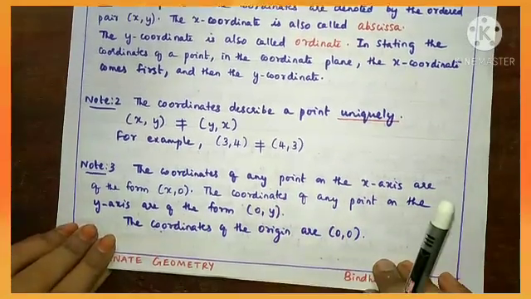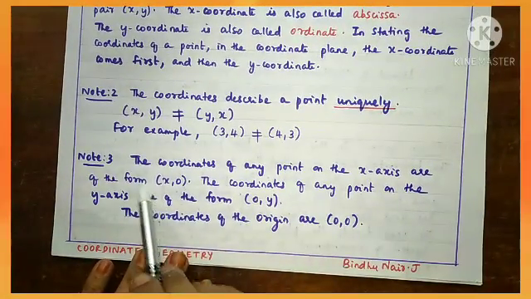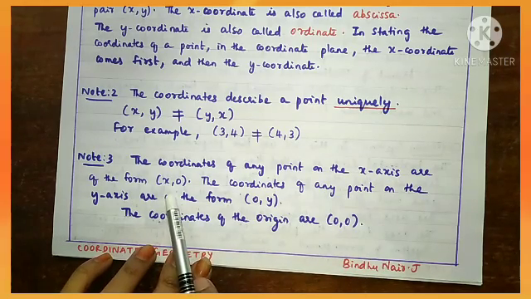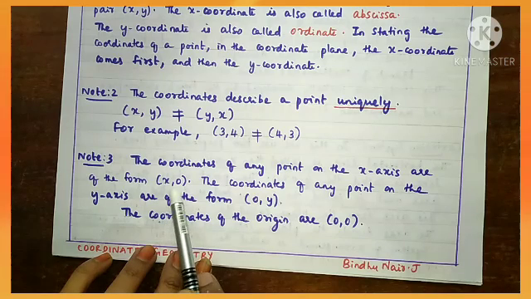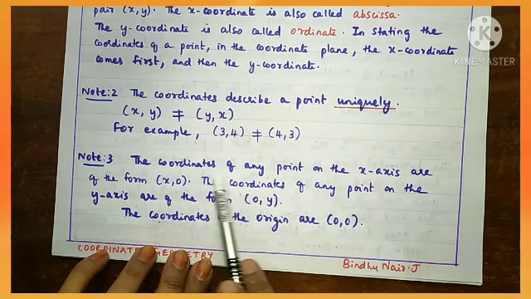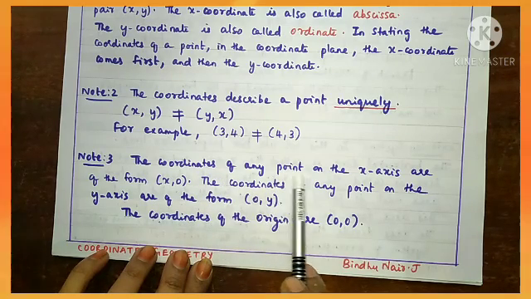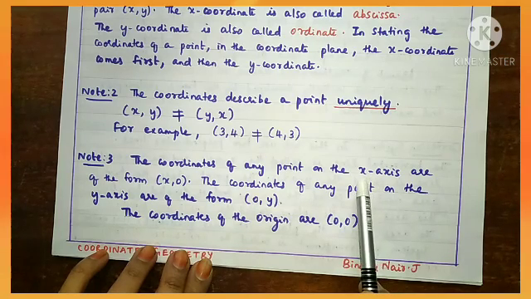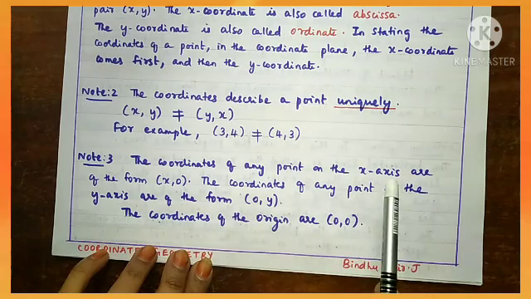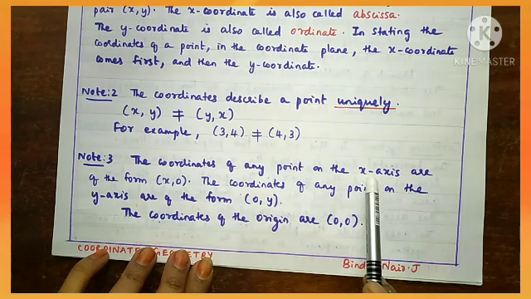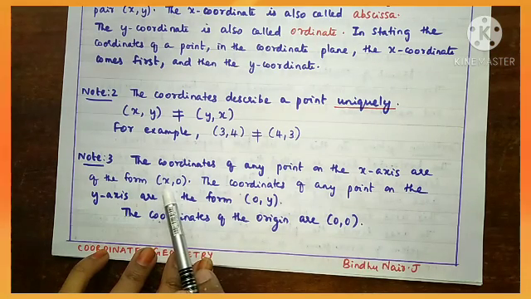Yes. Now the next note is: the coordinates of any point on the x-axis are of the form (x, 0). If the y coordinate is 0, then the point always lies on the x-axis. Whenever you plot a point on the x-axis, there will be no y coordinate there. In the x-axis only x values are there, so the coordinates of a point on the x-axis are (x, 0).